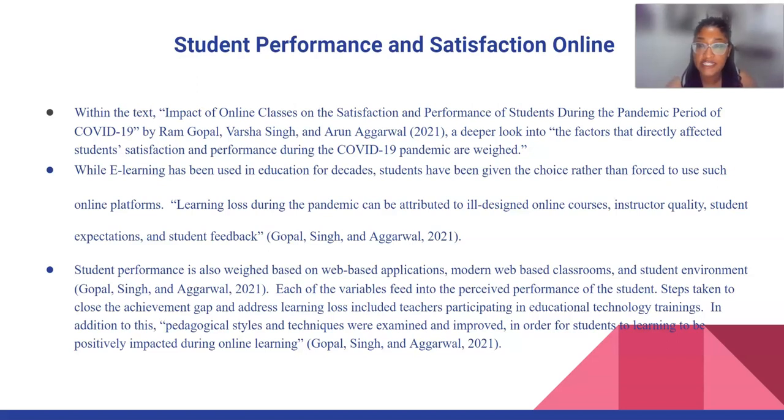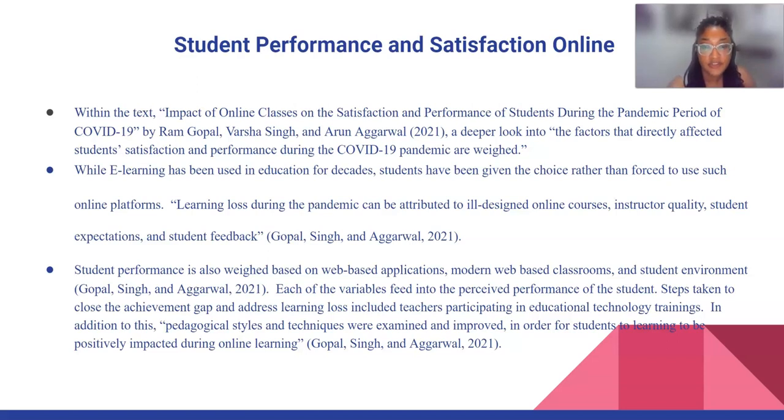While e-learning has been used in education for many decades, students have been given the choice rather than forced to use such online platforms. Learning loss during the pandemic can be attributed to ill-designed online courses, instructor quality, student expectations, and student feedback. Student performance is also weighed based on web-based applications, modern web-based classrooms, and student environments.